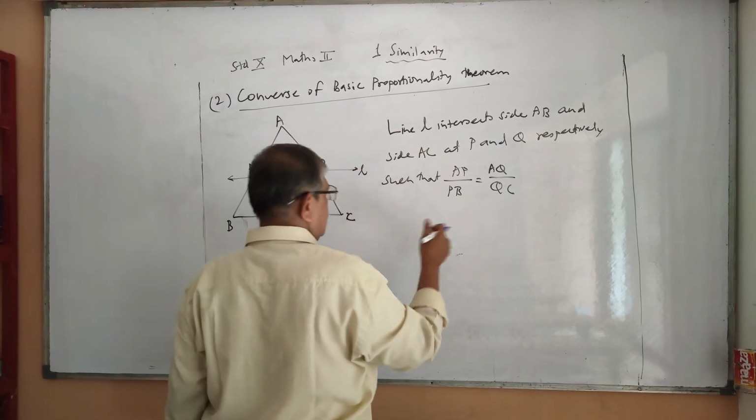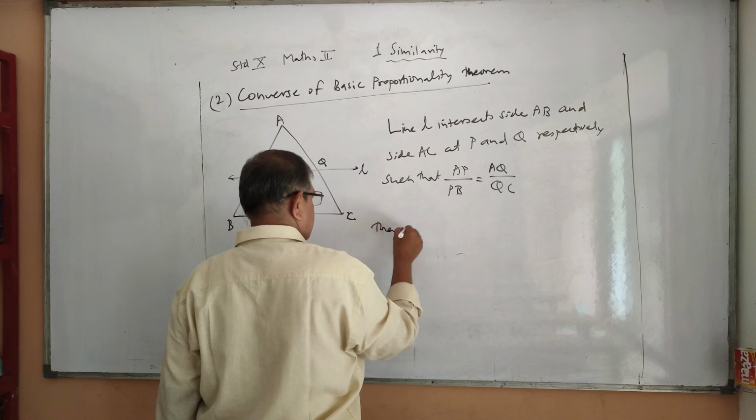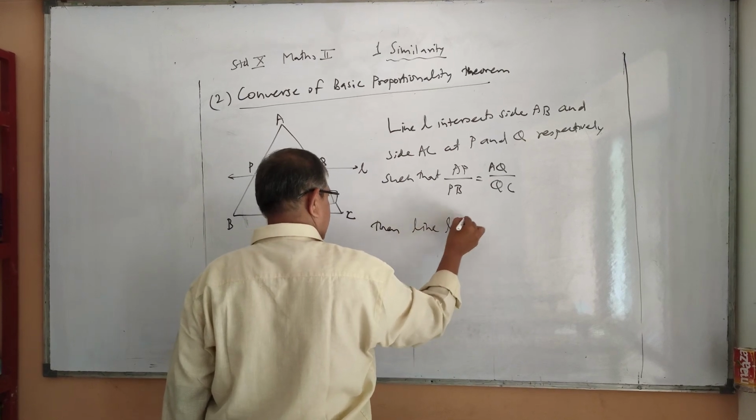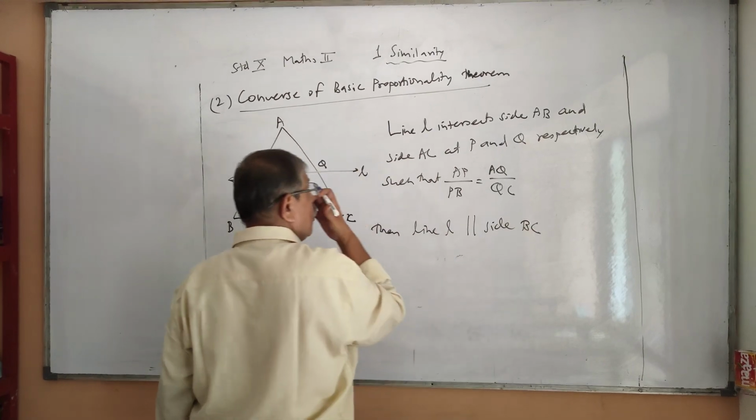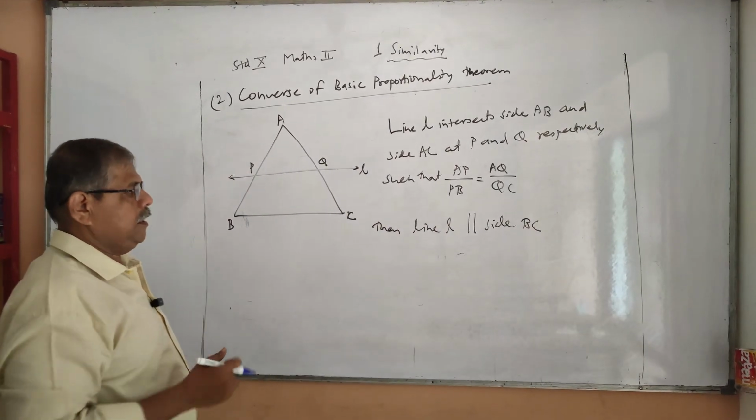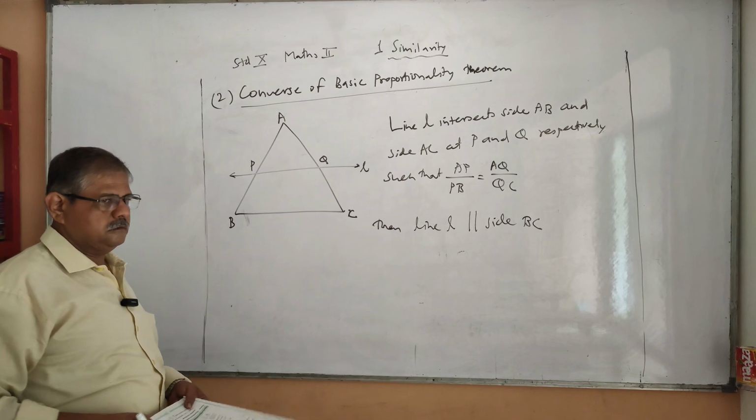The ratio is given equal. So then I can say line L must be parallel to side BC. That is the converse of the basic proportionality theorem. Note down.